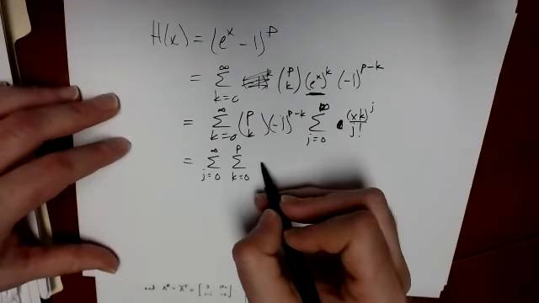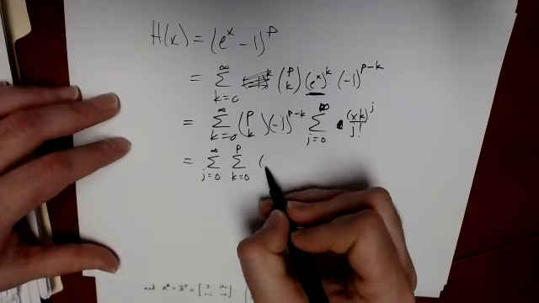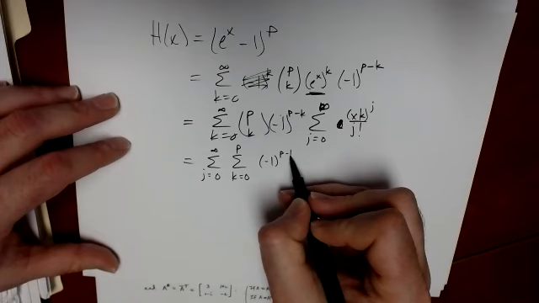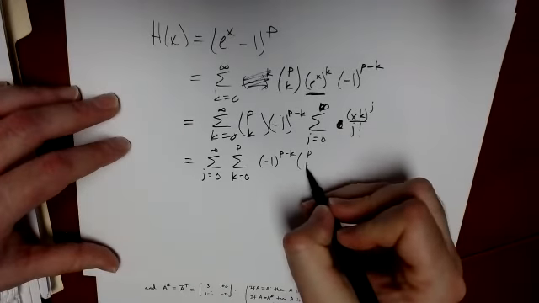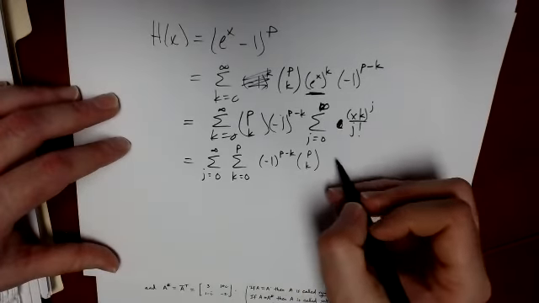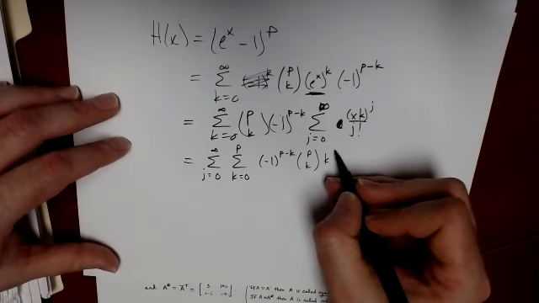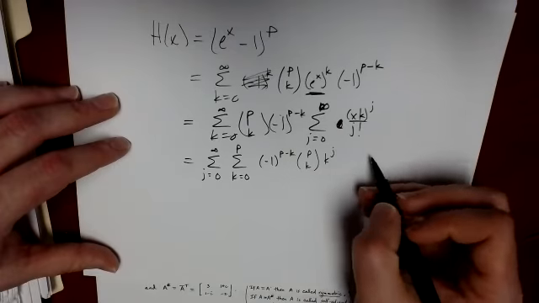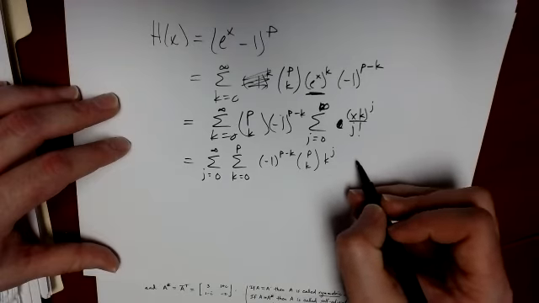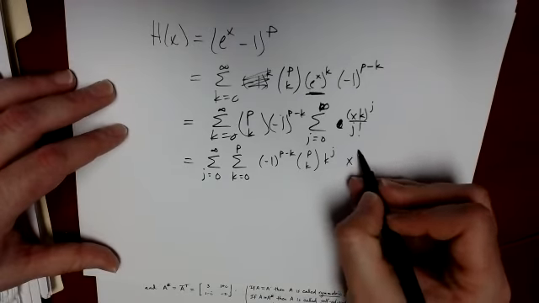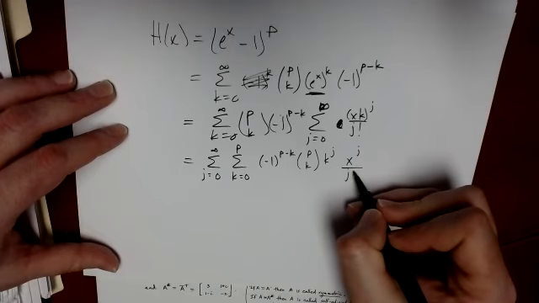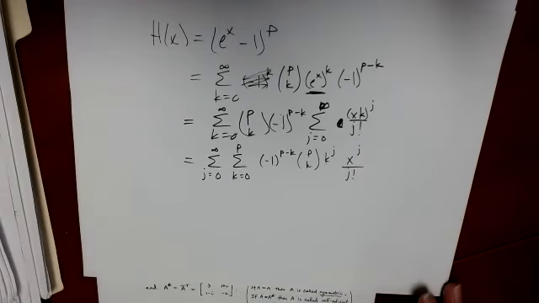So then we get (-1)^(p-k), p choose k, k to the j, and then x to the j over j factorial.